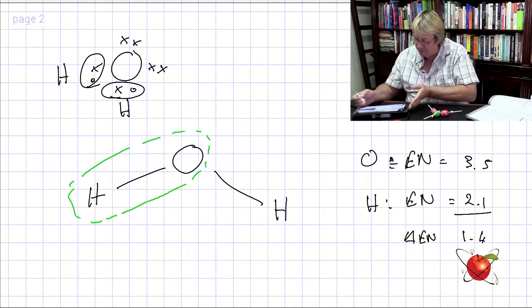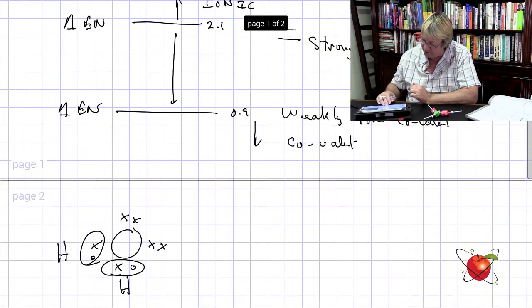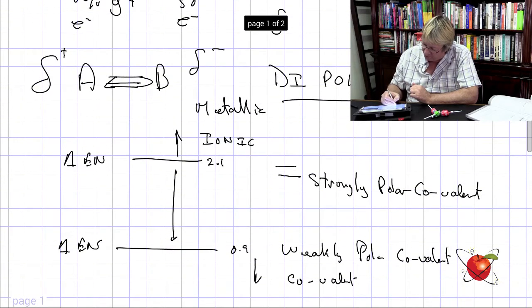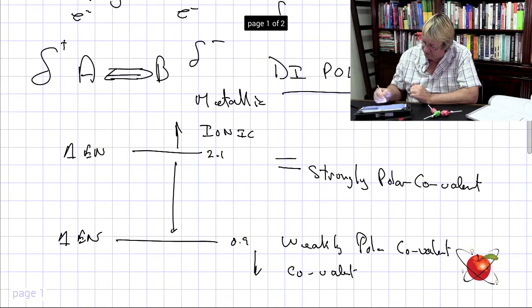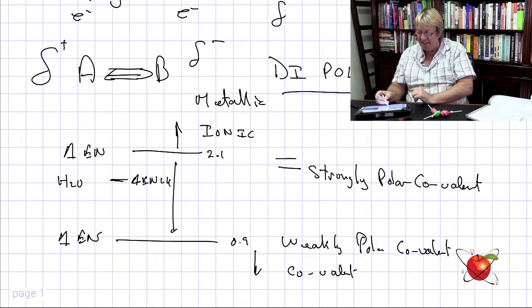So on our little table, let's just recap that table. We said we're at 1.4, so we are kind of over here, aren't we? H2O has a delta electronegativity of 1.4, so it's tending towards being polar, isn't it?